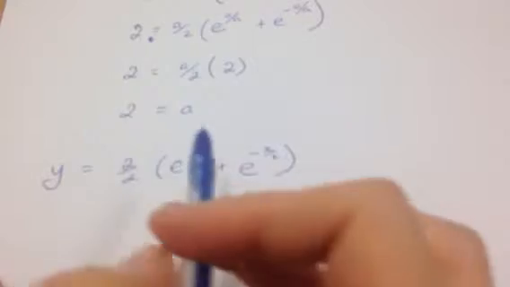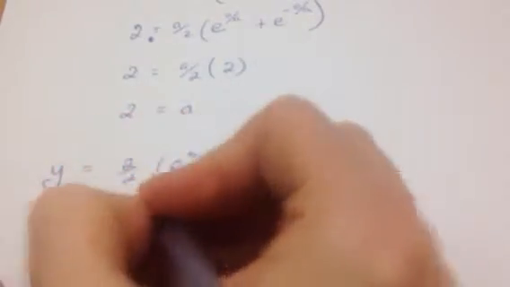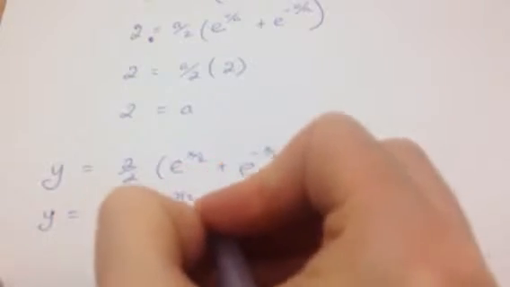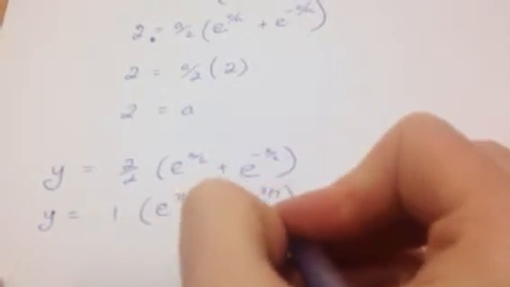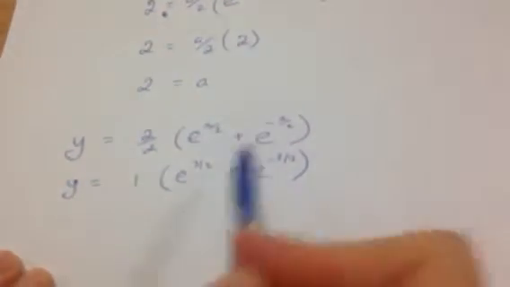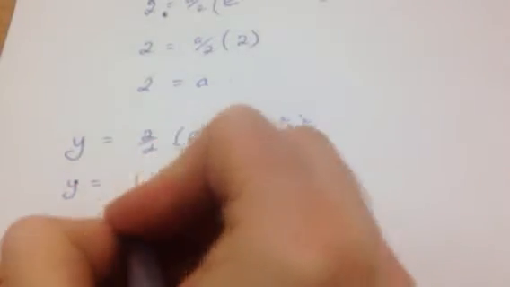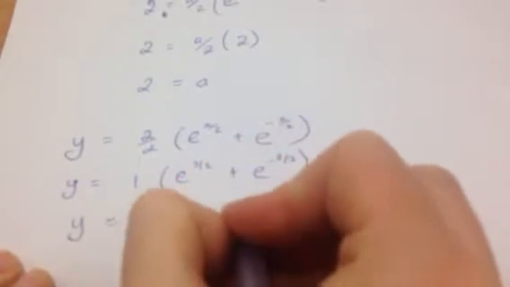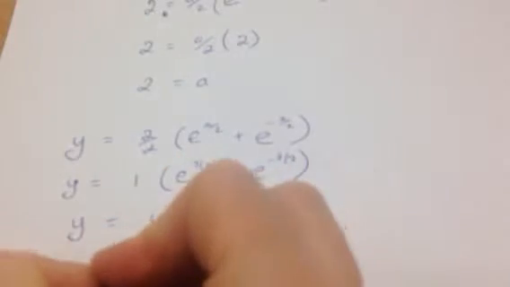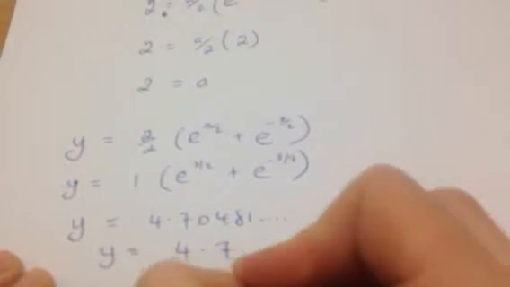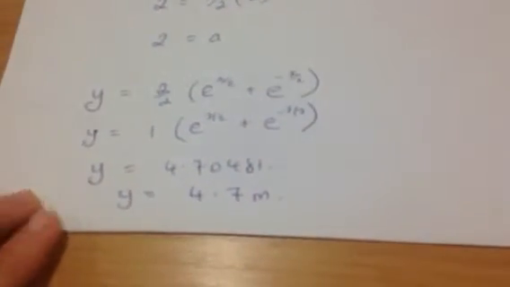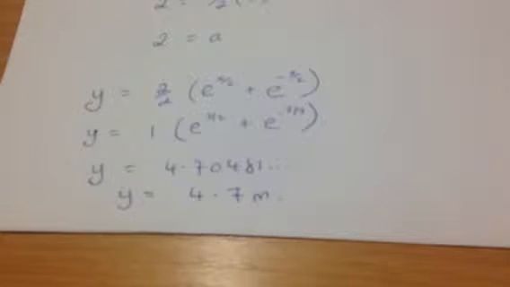And I now know that in this particular part of the question, x is 3. And when I sub in for that, throw that into my calculator, I'll end up with y is equal to 4.7048..., and they just said to one decimal place, so 4.7 meters.